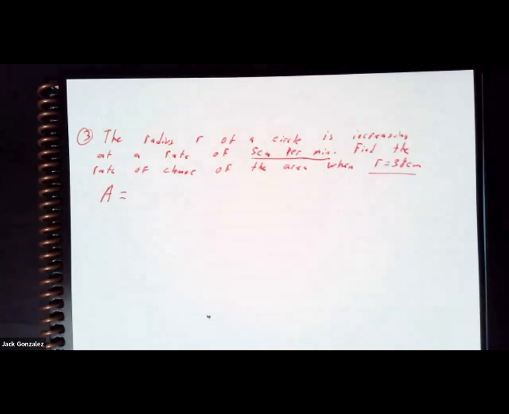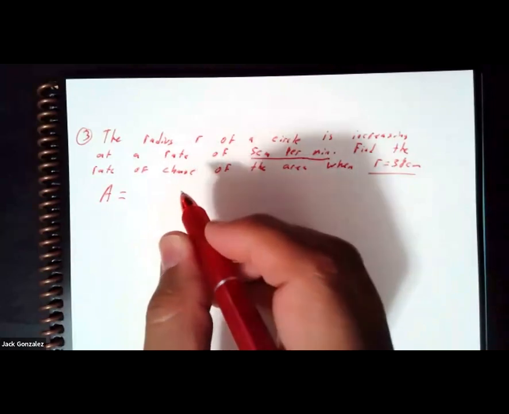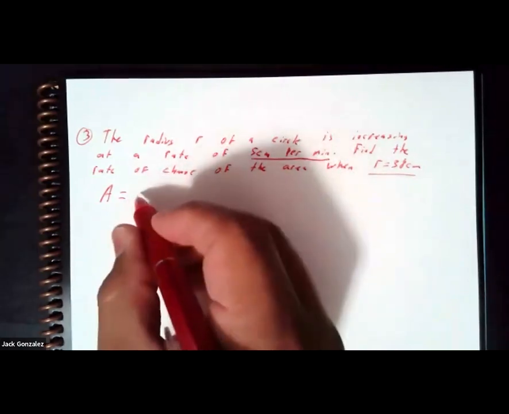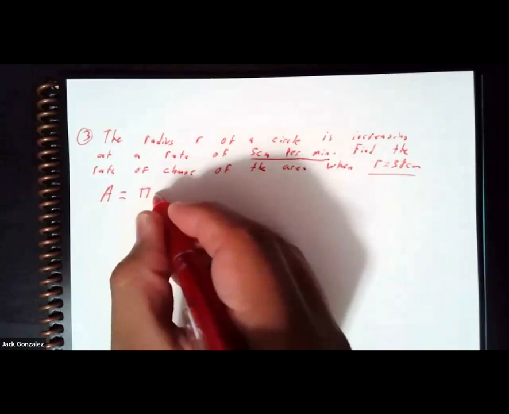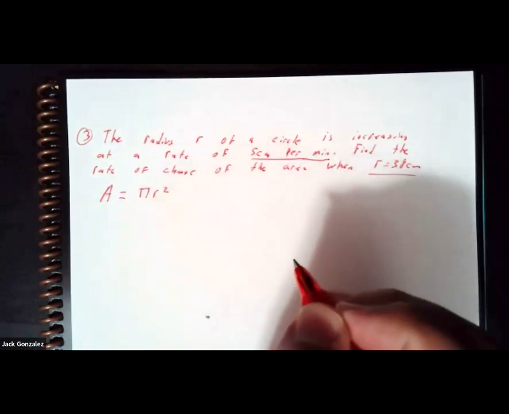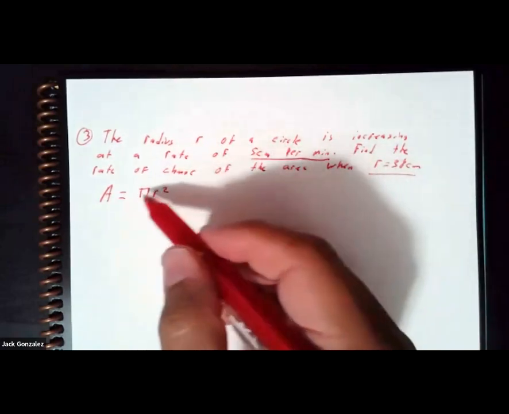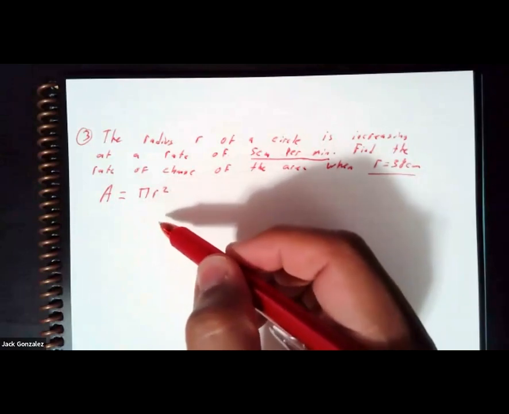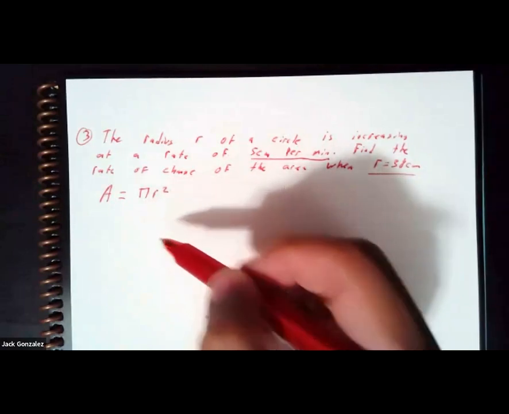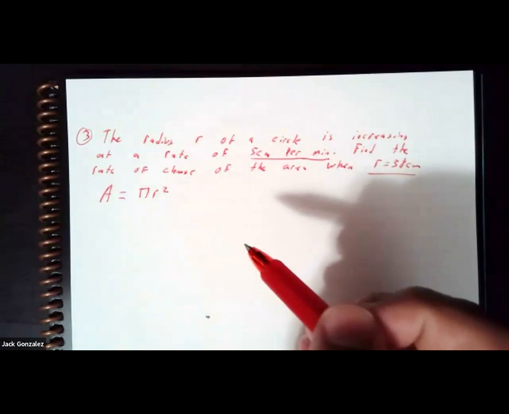Is it 2 pi r? It's close. 2 pi r is the circumference. I believe it's pi r squared. Yeah, pi r squared. Confirmation always makes me feel better.